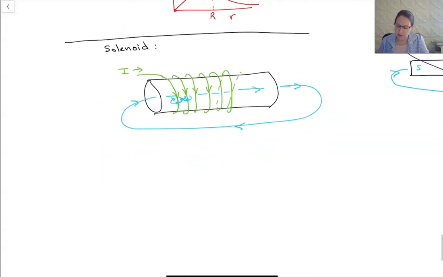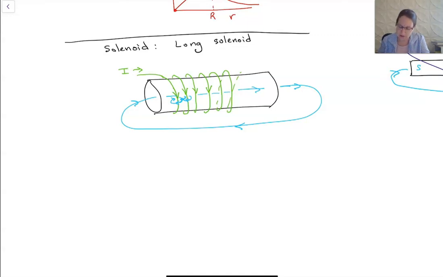And what we want to do is find the magnetic field due to a long, but not infinitely long, solenoid. This is sort of an approximation, a long solenoid. So that's the idea. It's fairly long. And what we're going to do is set up our Amperian loop. And this is a not expected Amperian loop.